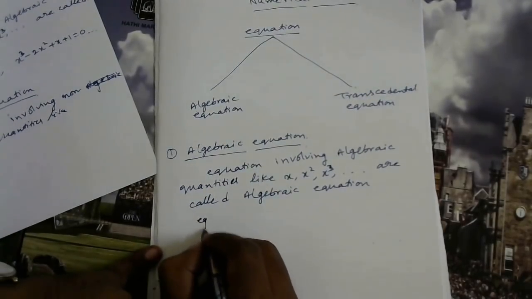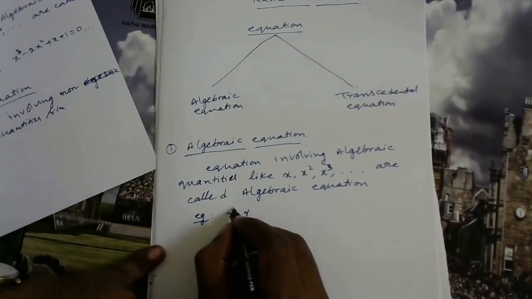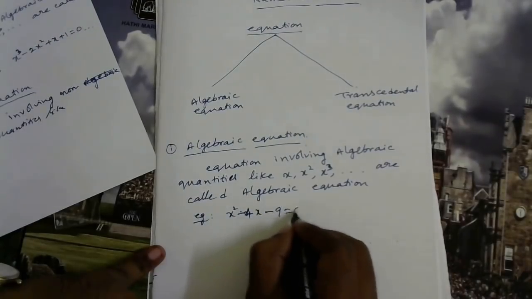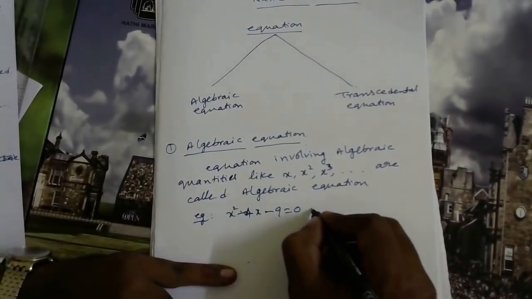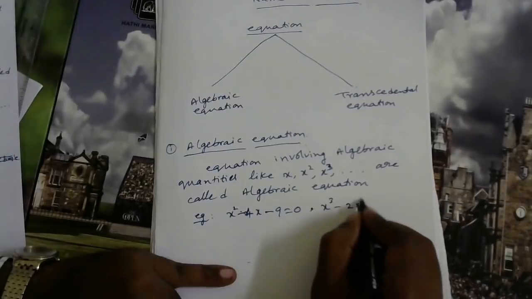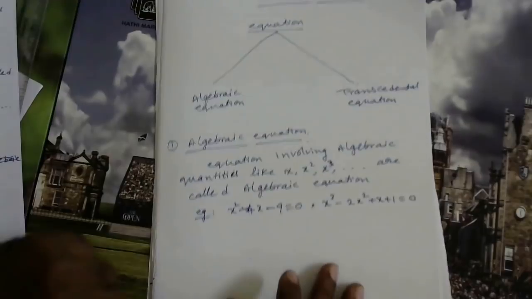For example, x square minus 4x minus 9 equals 0. x cube minus 2x square plus x plus 1 equals 0.